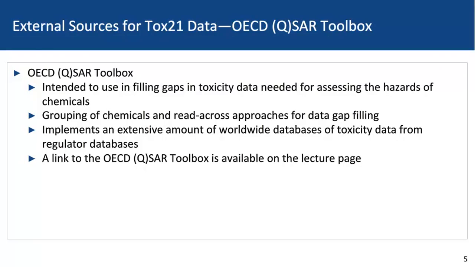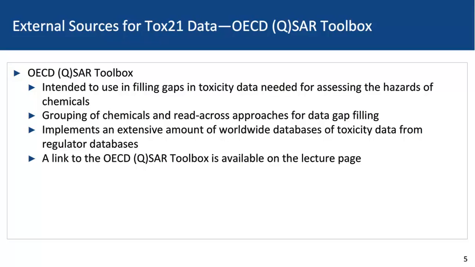So now I would like to talk about some typical data sources that you can use in your day-to-day scientific work. One of the already now pretty old ones is the so-called OECD QSAR toolbox, originally developed to fill in gaps in toxicity data needed to do hazard assessment of chemicals, but also for grouping of chemicals and read-across approaches.